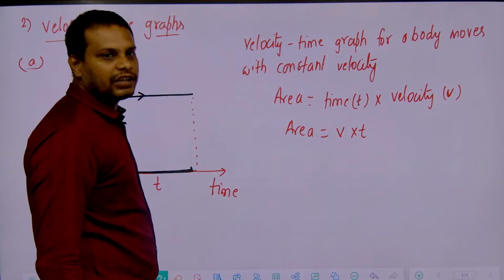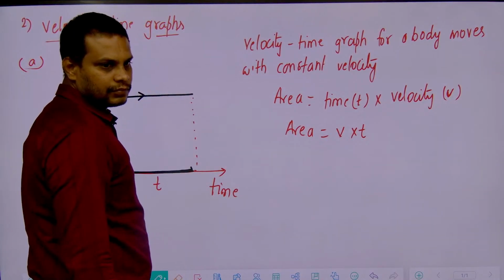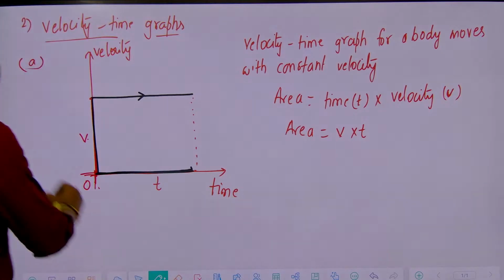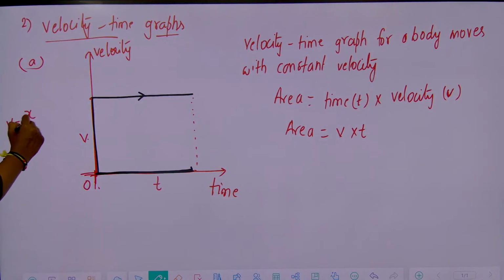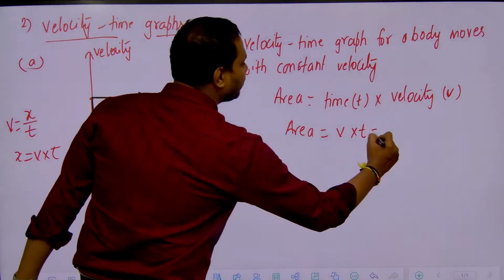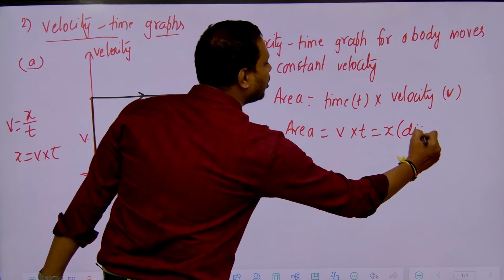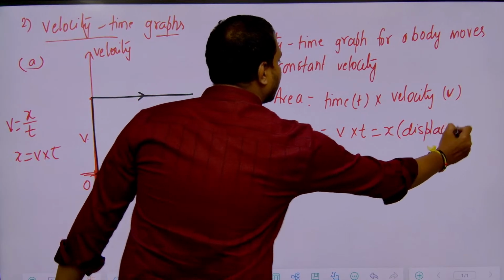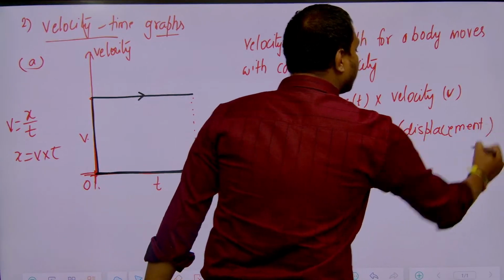Velocity into time is nothing but displacement, because velocity is equal to displacement by time, so displacement is equal to velocity into time. So x is called displacement.